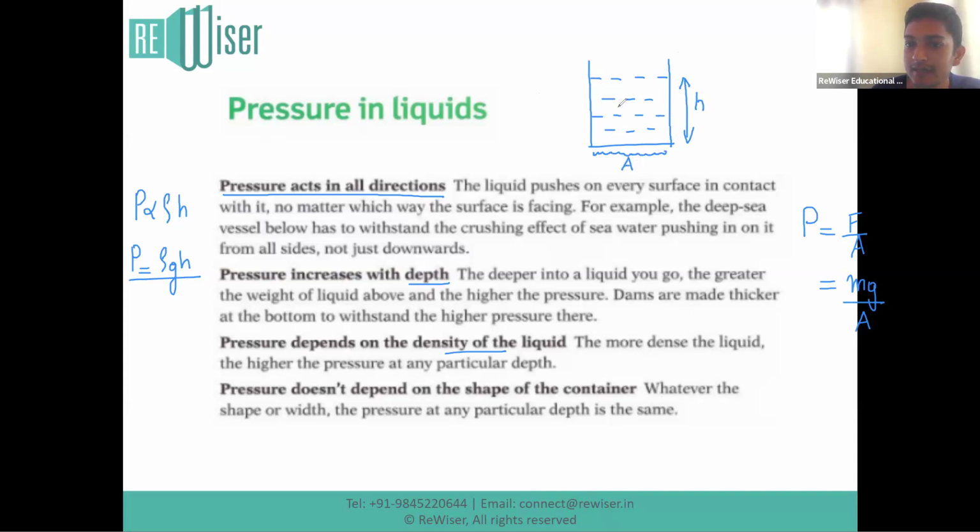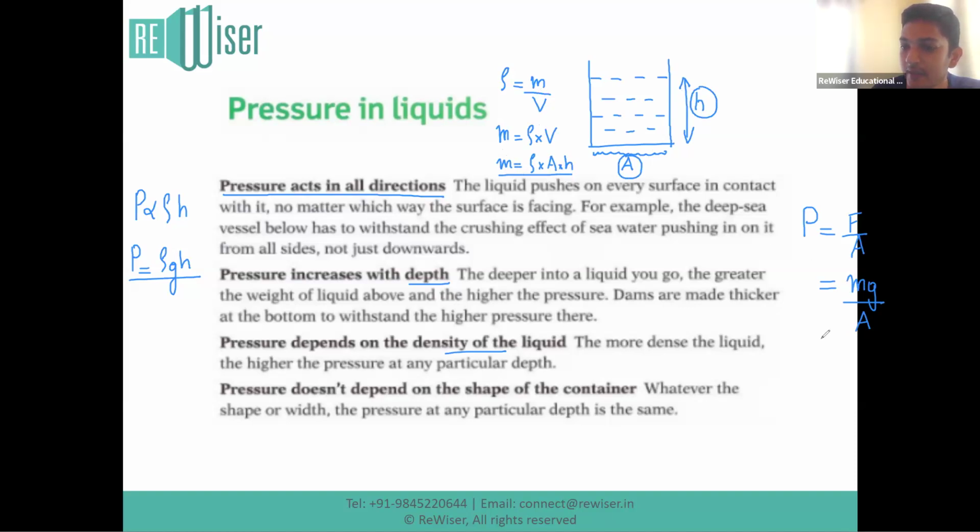Density is related to mass and volume through the formula density equals mass over volume, or mass is density times volume. Since volume for a prism is just area times vertical height, I can write mass as density times area times height.